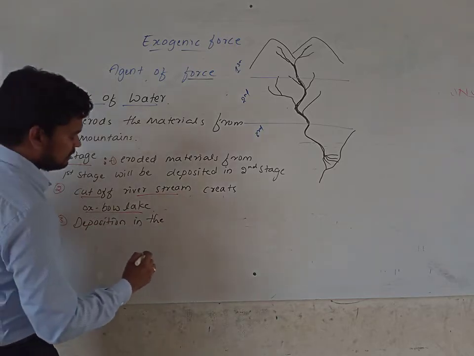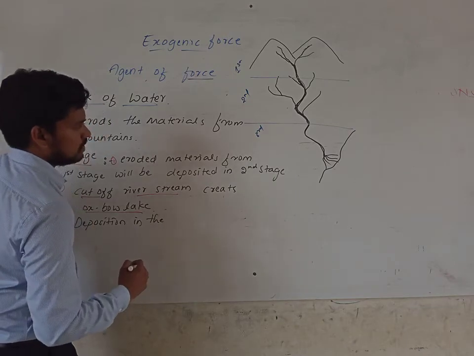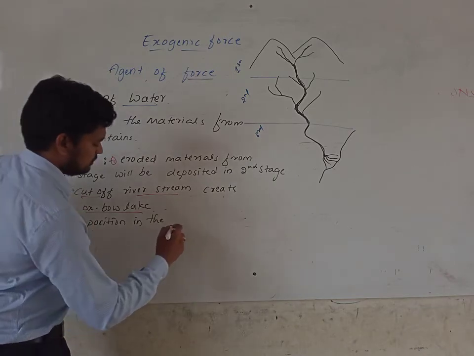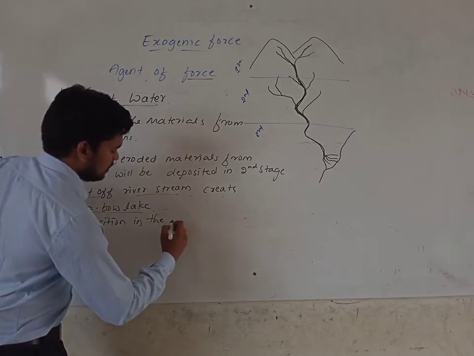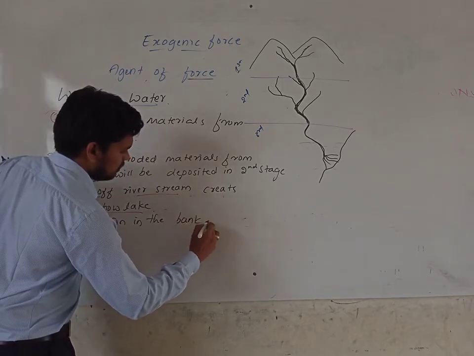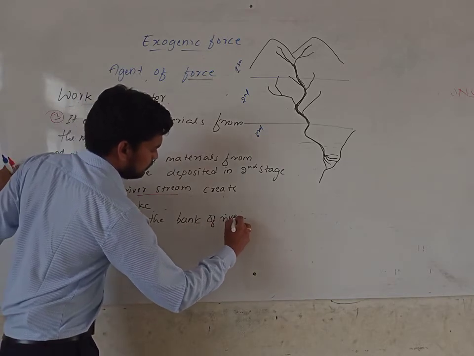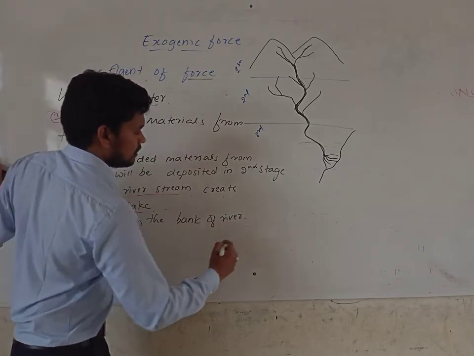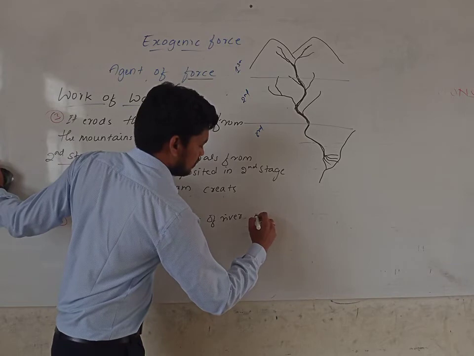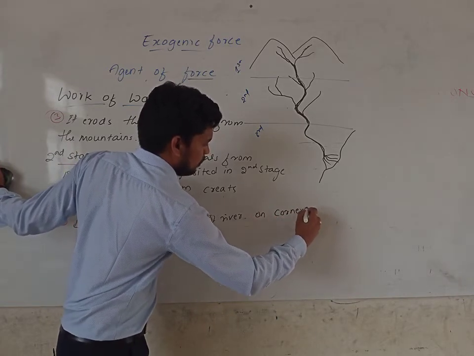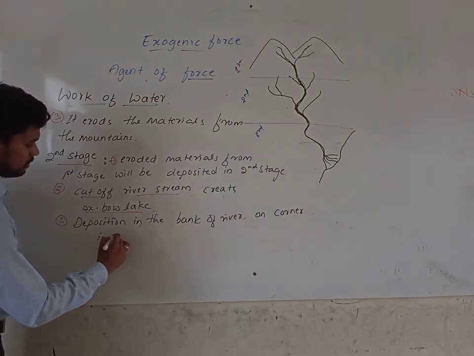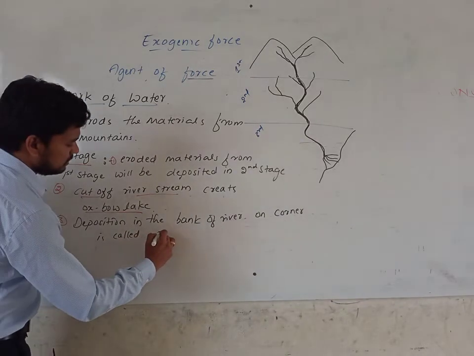So deposition in the bank of the river on corners is called meanders.